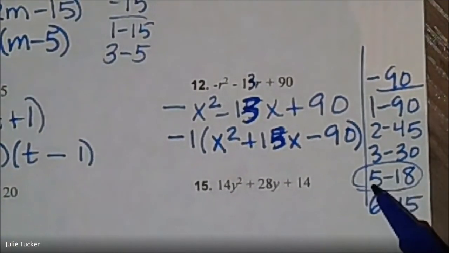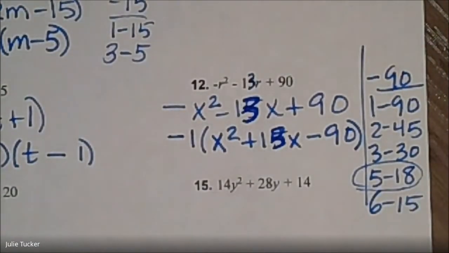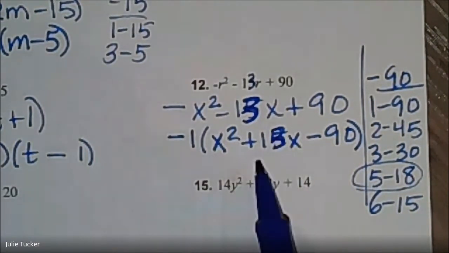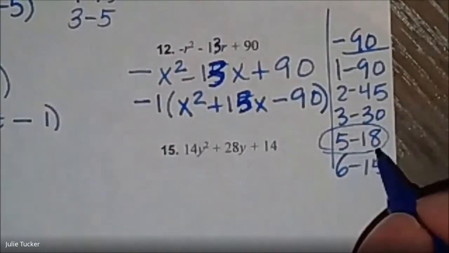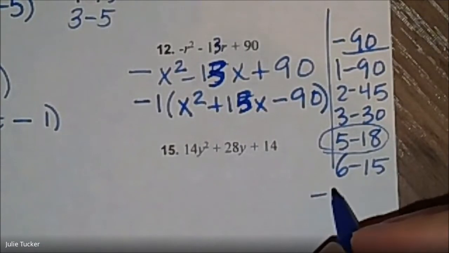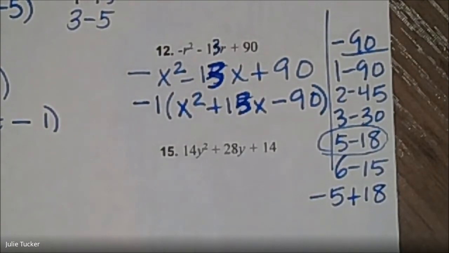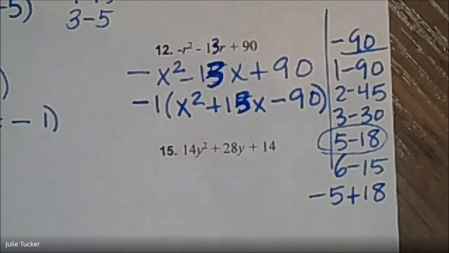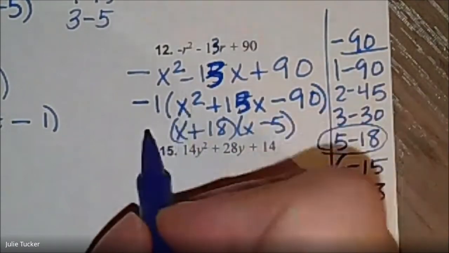So if I do positive 5 minus 18, I get negative 13. But that's no good because it's supposed to be a positive 13. So now what I have to do is change the signs on those two numbers and make it negative 5 and positive 18. Then 18 minus 5 will be positive 13. So it's going to be x plus 18 and x minus 5 with a negative in front.